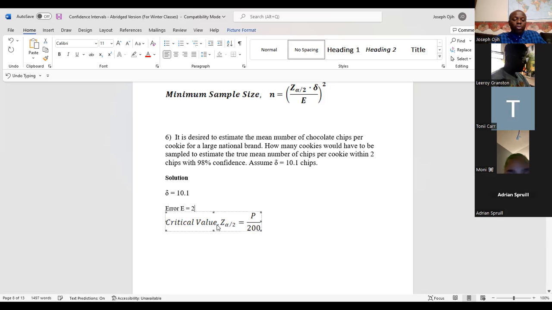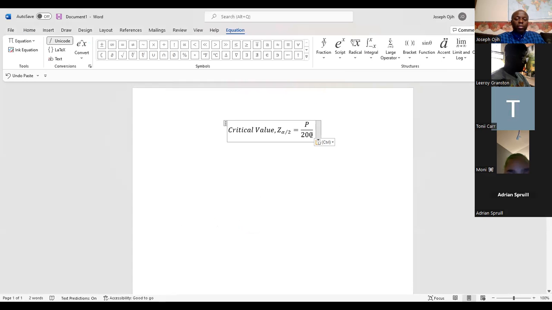For that, we're going to use P over 200. Let me take you to where we can get the formula, in another workbook. We have it here, P over 200, where P is 98 this time. So you have 98 over 200.